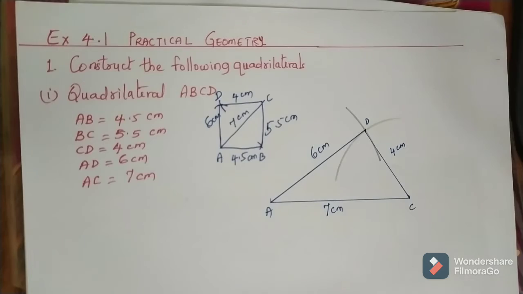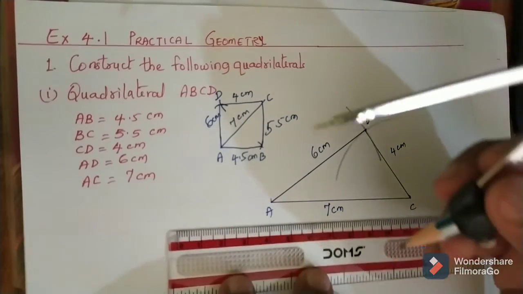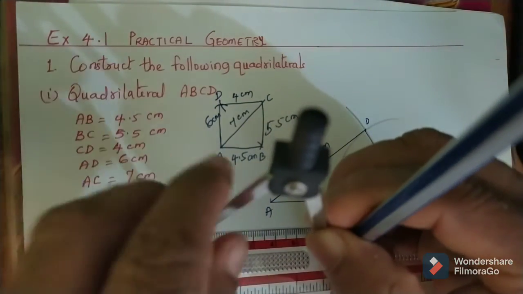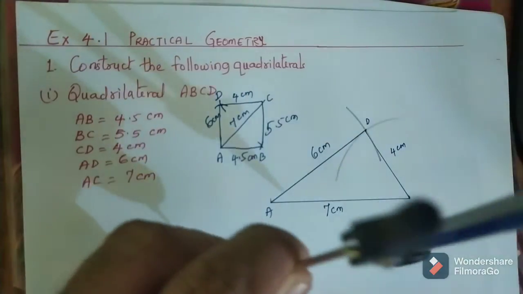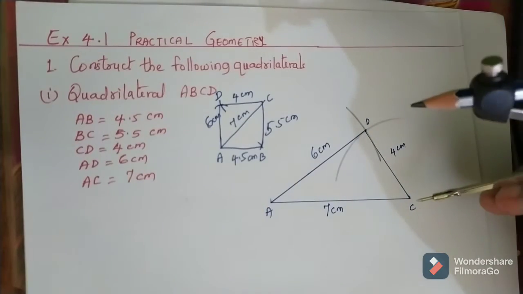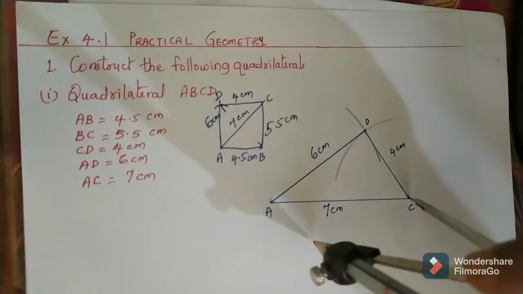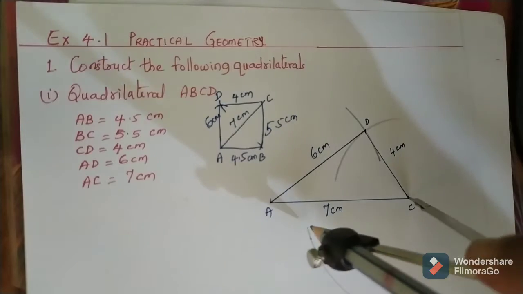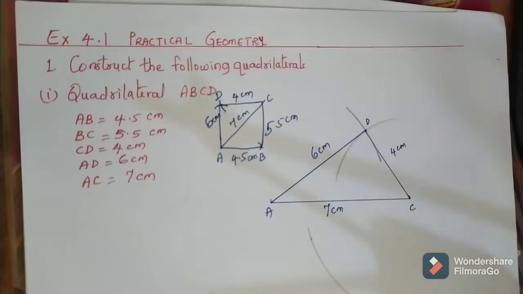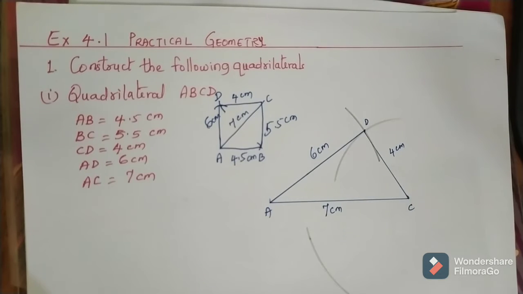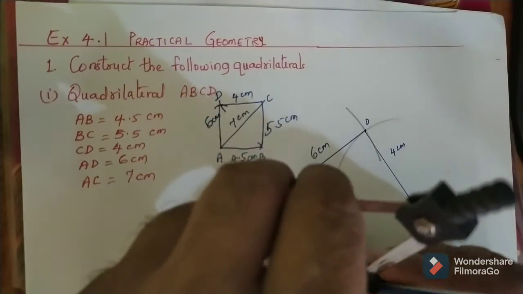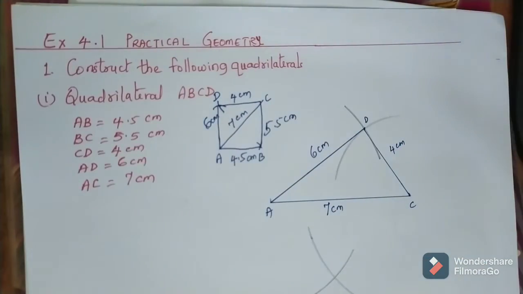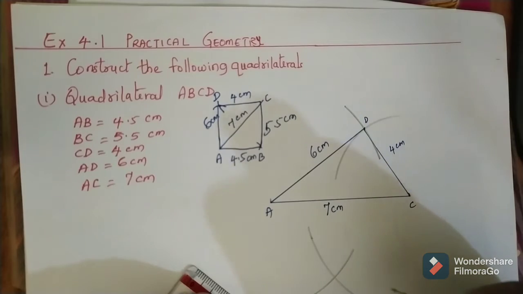On the other side we will take 5.5 centimeters from C and draw an arc like this. And from A we will take 4.5 centimeters, and the point of intersection of these two arcs will give us B.